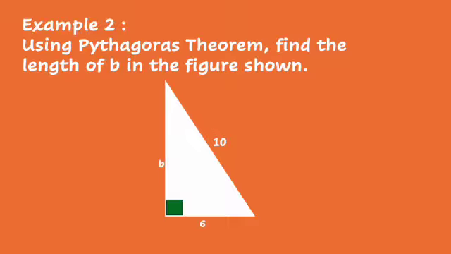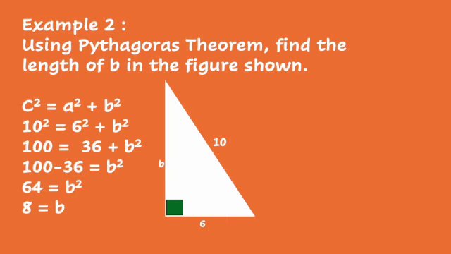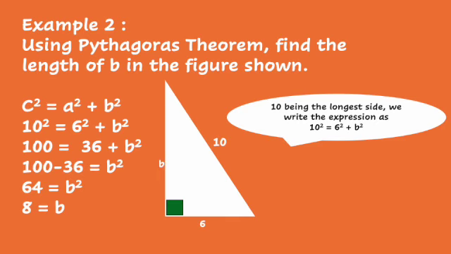In the next example, we have to find the length of b here, which is one of the sides. So here b is not the hypotenuse. Hypotenuse is 10. How do we define hypotenuse? We say the longest side of the right angle triangle is the hypotenuse. So we apply Pythagoras theorem. Here, because C is the longest side, we put 10 square equal to 6 square plus b square.